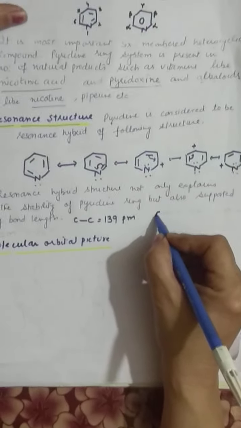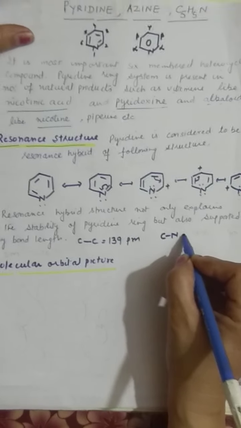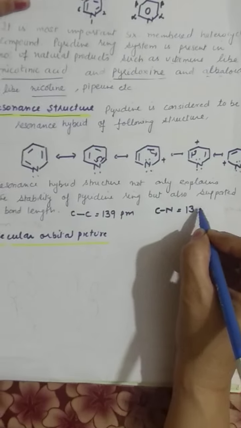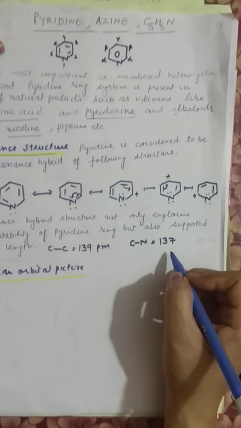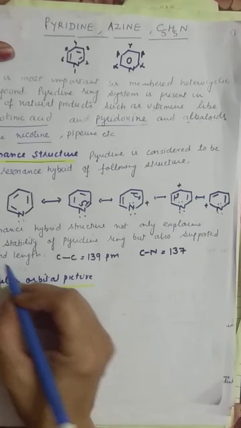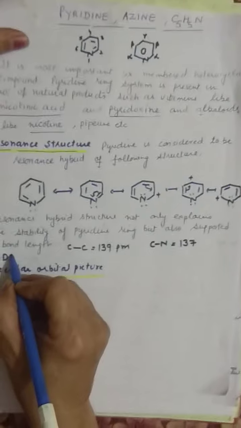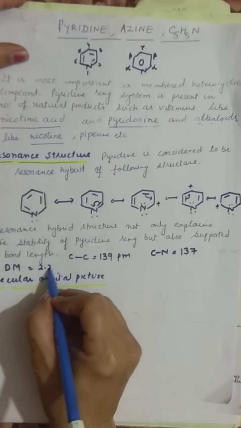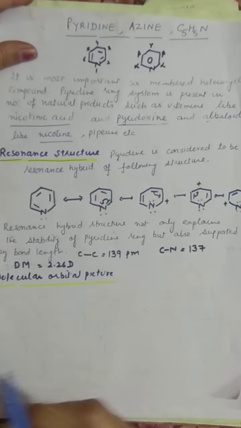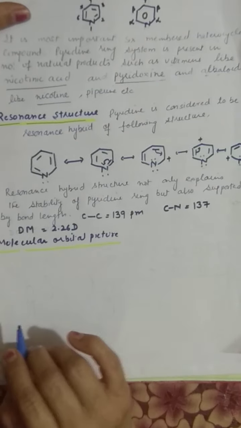Here the carbon-nitrogen bond length is 137 picometer. So it is also very near to the double bond length. And pyridine also shows dipole moment. So that shows it is a polar molecule.